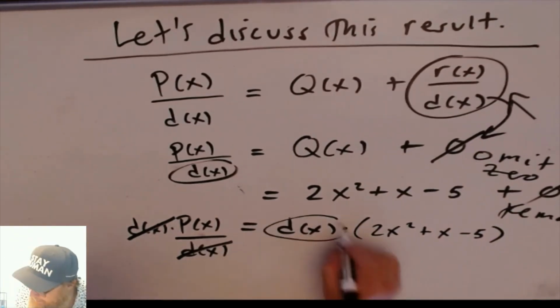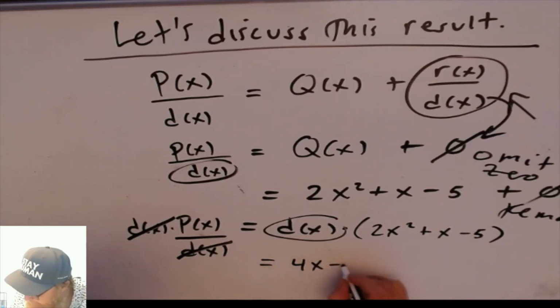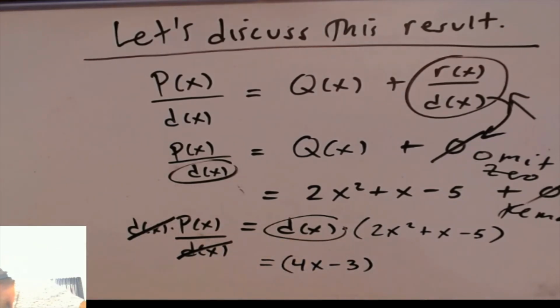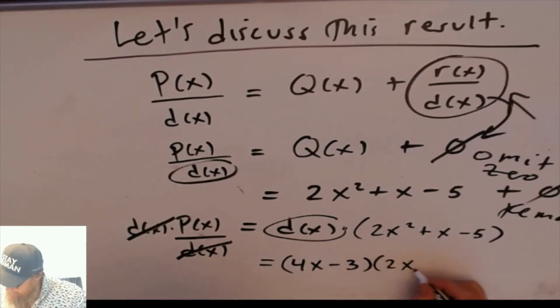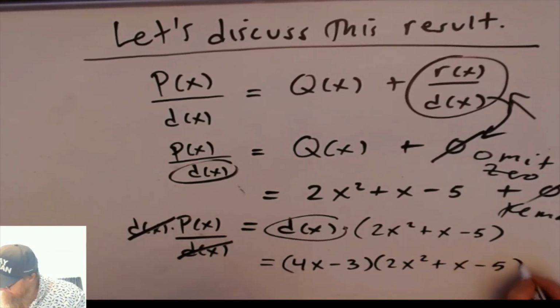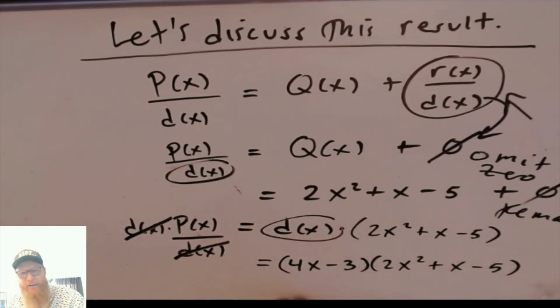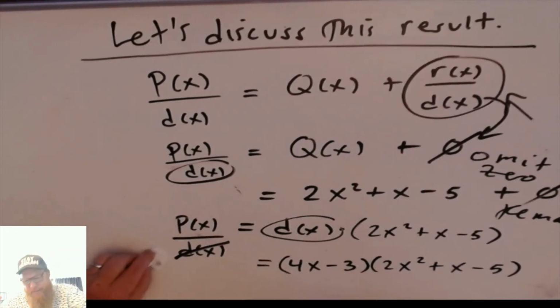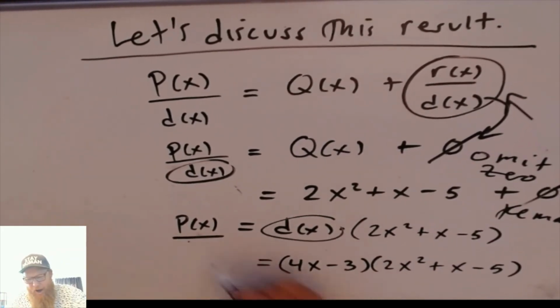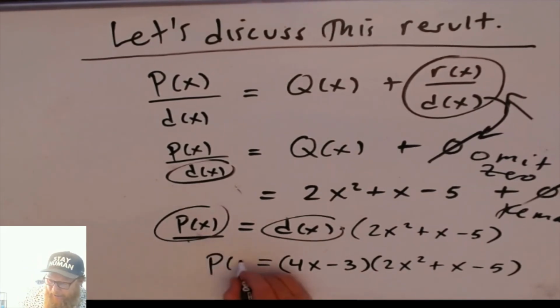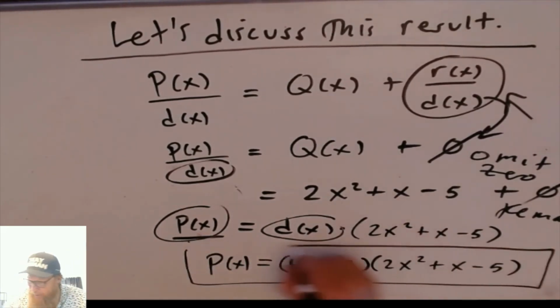But what was D of x? D of x was 4x minus 3. With no remainder. So I'm just going to erase these D of x's here because they're gone. It's like they've canceled. And so now I just have my original polynomial.